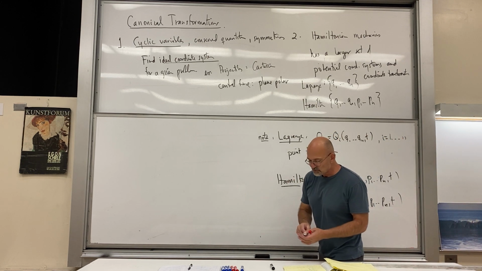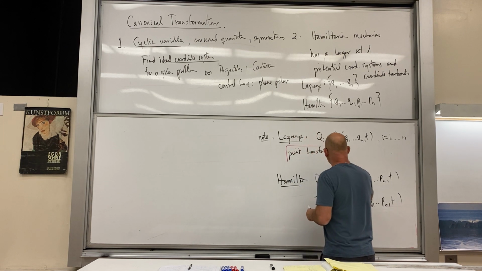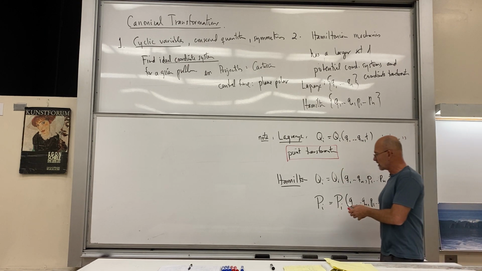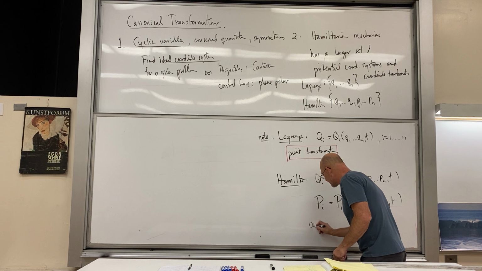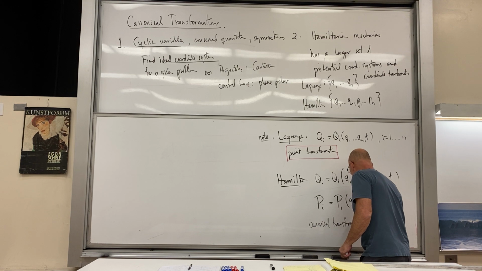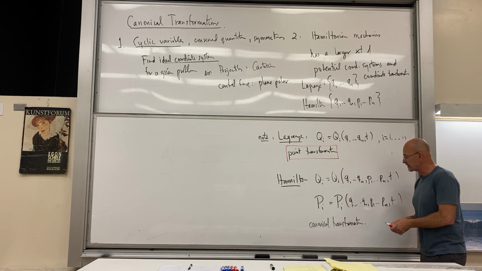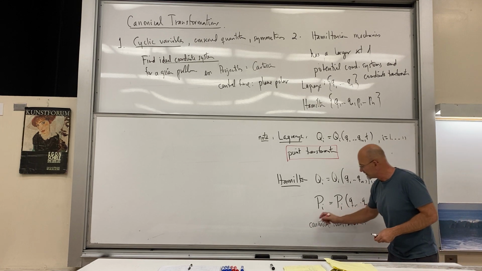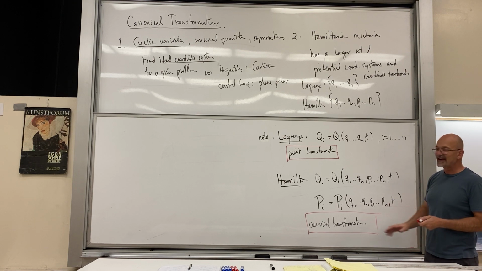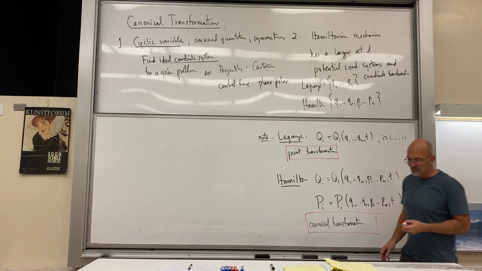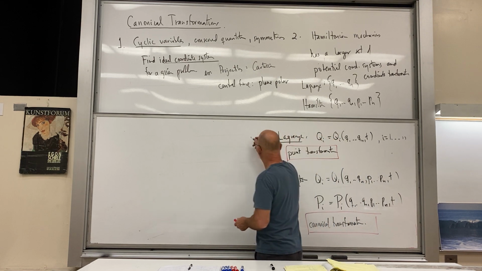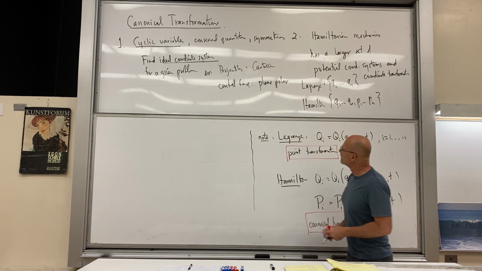The ones below are point transformations, and we know how to do them. That's basically what we've been doing. These here are going to be called canonical transformations, and we're going to have to figure out the conditions to do this, which is what this chapter will be about. And then how to do this, and then how to solve problems. Let's see what else we have here as we set this up.